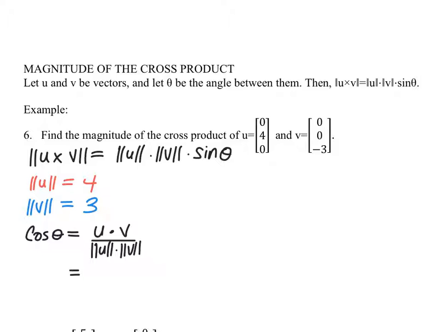I'm not going to do much work here because the dot product itself is just going to be 0, as long as the magnitudes themselves aren't 0.